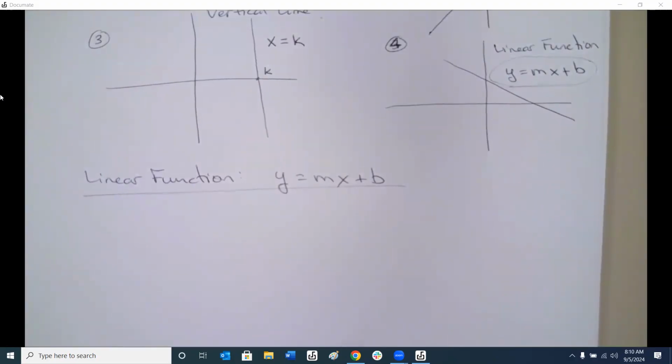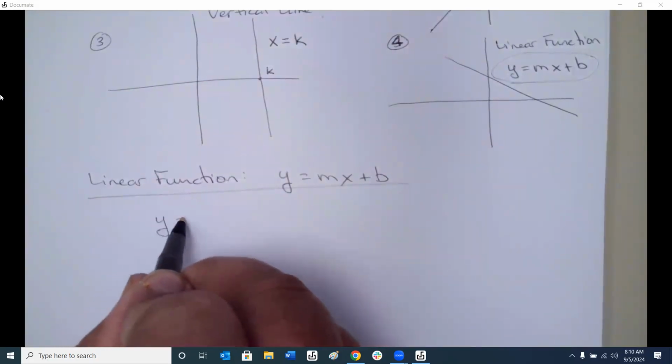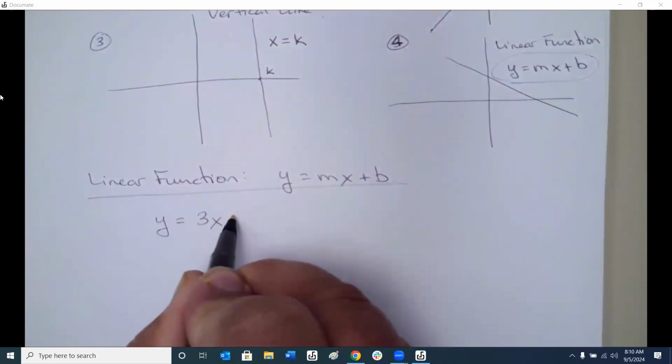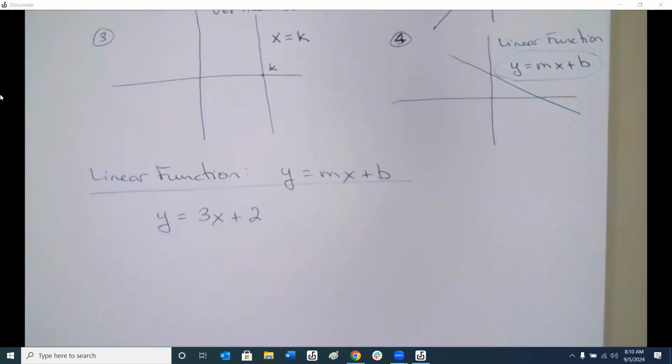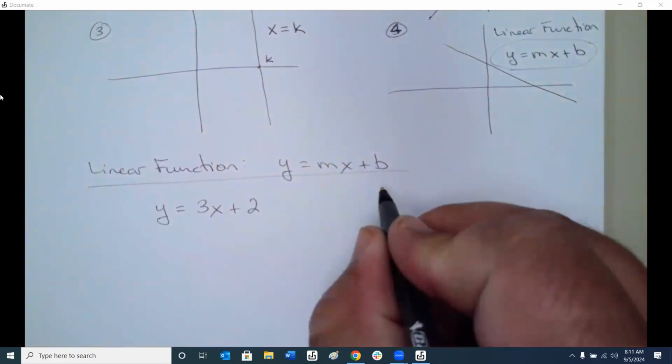In a linear equation, two things are readily known if we have it in this form. For example, if we had y equals 3x plus 2.